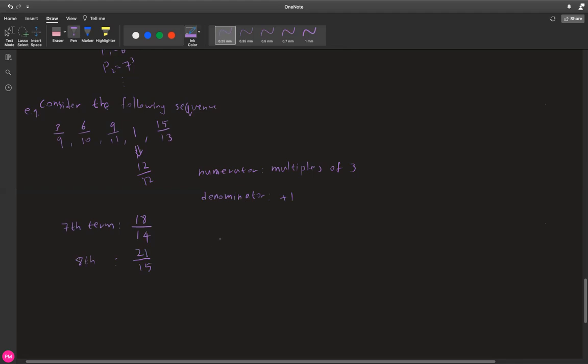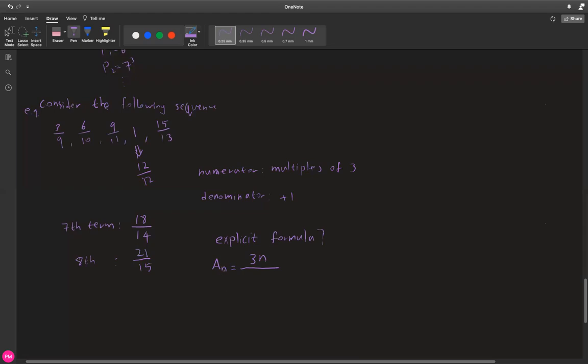So how do you find the explicit formula? What if you're trying to find the explicit formula a sub n? In the numerator, we can see that it's going up by 3, so you're simply putting 3n.